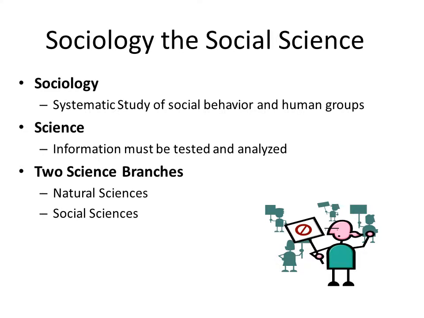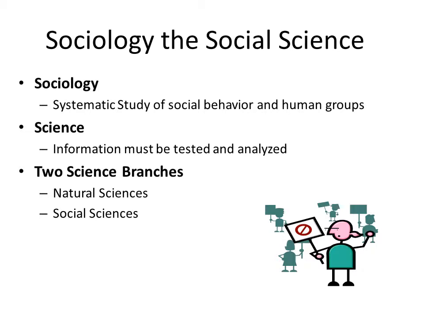There are two branches of sciences, natural and social. Natural studies the physical features of nature and ways that they interact and change, which include astronomy, biology, chemistry, geology, and physics. Sociology is a social science which studies the social features of humans and the way we interact and change.